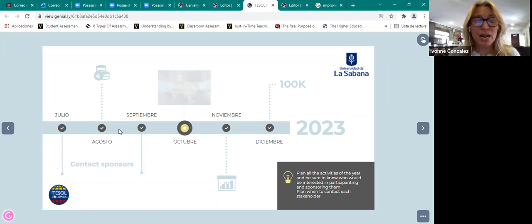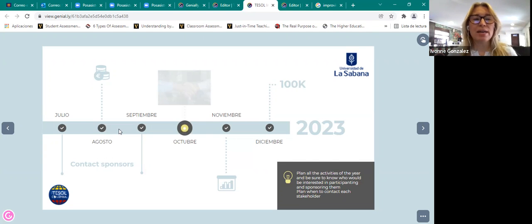It takes time, it takes planning, because first, again, you have to make the list of the stakeholders, you have to know what they want. When you know what they want, you have to make the list of what activities I am going to implement to give them what they want. When will I do that? So it means that it needs planning.